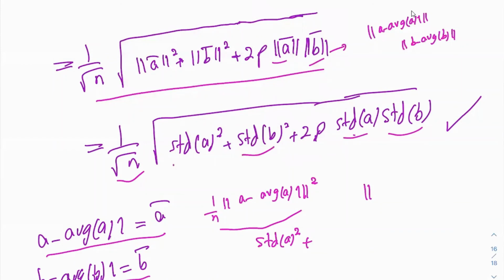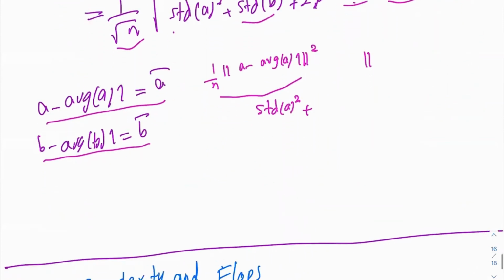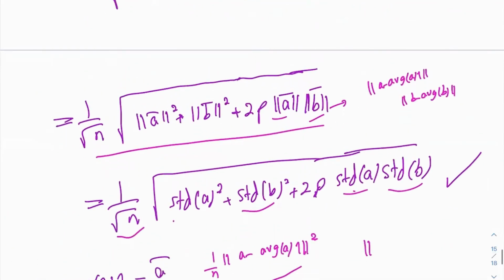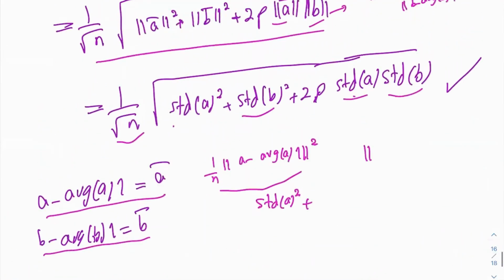It's very similar to the covariance, right? So it's equal to 2 rho times the standard deviation of A times the standard deviation of B. Okay, good, great. So that's it about the standard deviation of the sum.